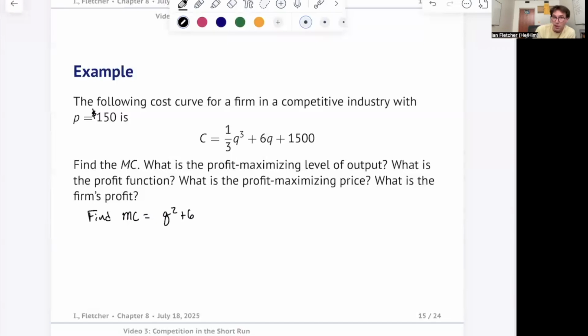Well, if we remember, in a competitive industry with P equals $150, that means that our marginal revenue should be our marginal costs, right? But also, in the short run, that should also be equal to our P. And so if we set marginal revenue, our marginal cost, equal to P, then we've got Q squared plus 6 should equal 150.